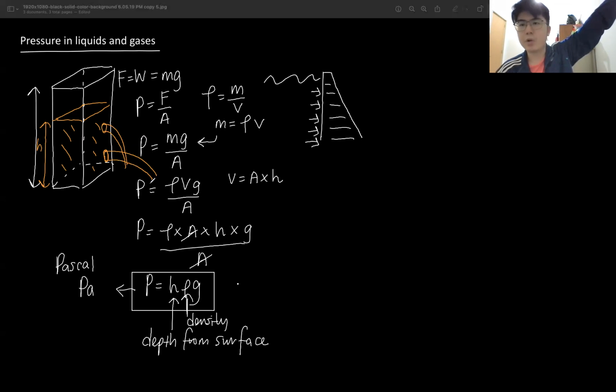If you live in a condominium apartment, the water tank is placed at the very top. Why do you want to place it there? So that the water flows to your house with the help of gravity. It doesn't need any pump to do it. Of course, it needs a pump to pump the water up to the water storage tank first.